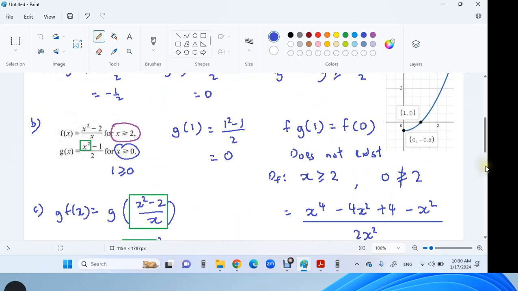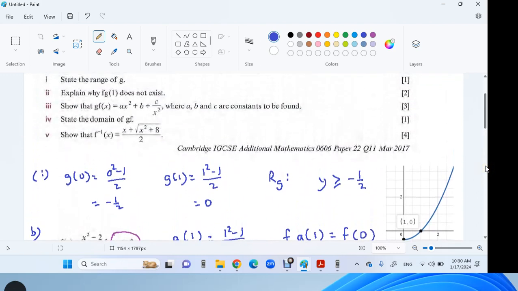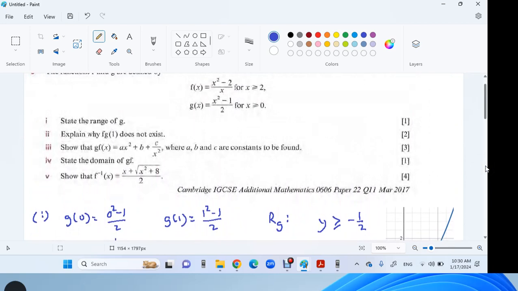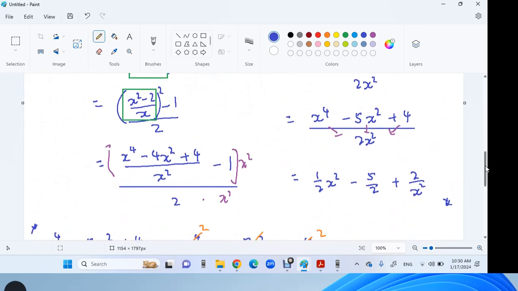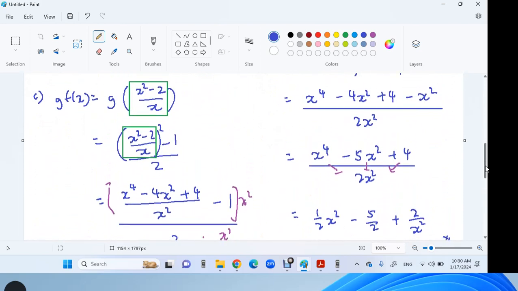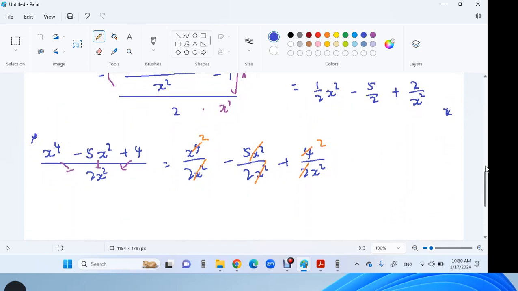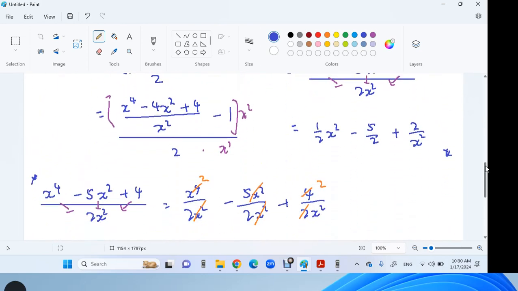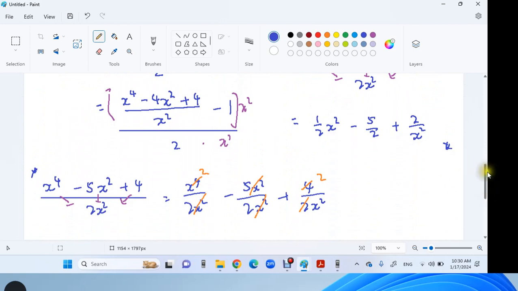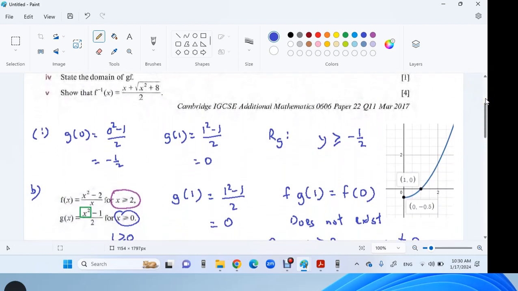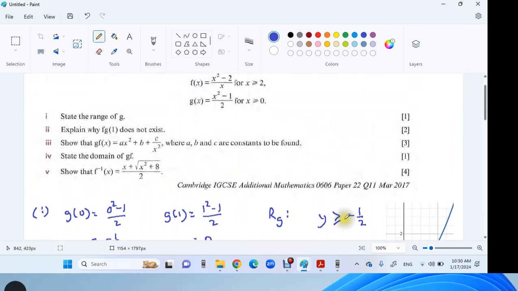For part D, number 4, the domain for gf. x squared cannot be 0 for this one, because we know that for g(x) with x greater than or equal to 0, the range will be greater than or equal to negative half.